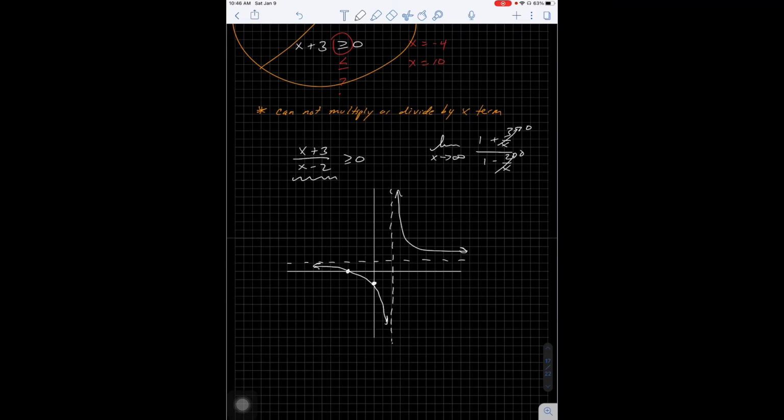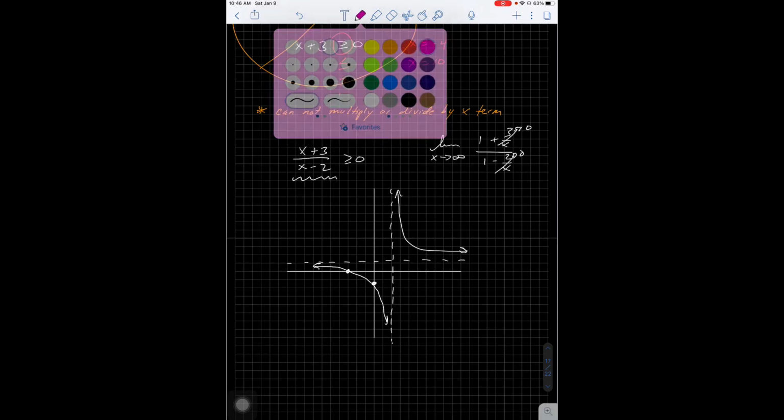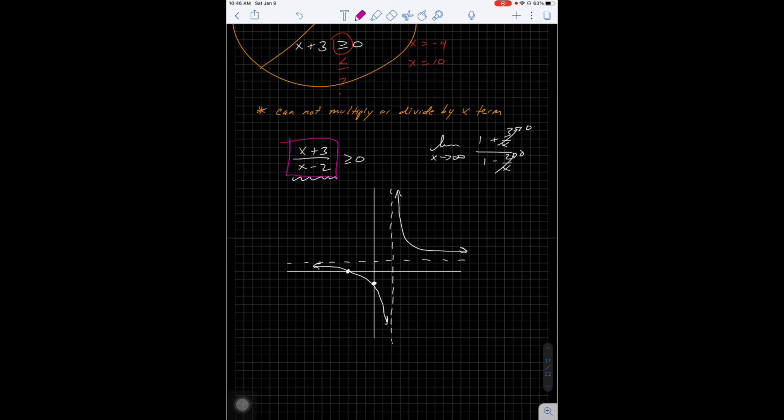Now, what is this asking? This inequality is saying, I want to know where this function that I just graphed is bigger than 0. So here's 0. And where is this bigger than 0?